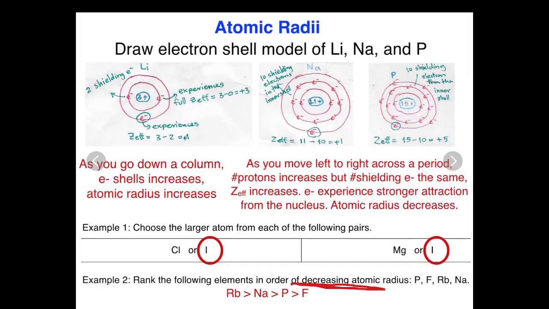So the actual correct answer would be going from the biggest one to the smallest one. Read the question carefully when you answer the problem so you don't make a mistake, and that way you get full points. Look at whether it's asking for decreasing or increasing atomic size.